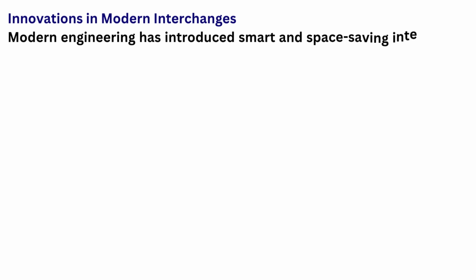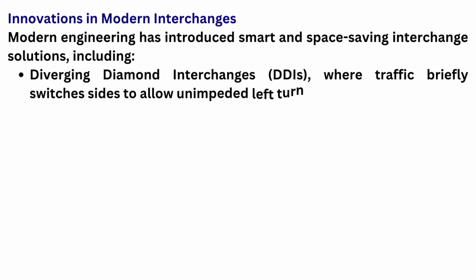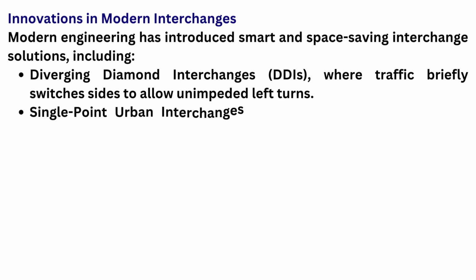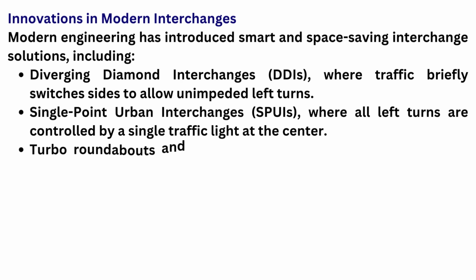Innovations in modern interchanges. Modern engineering has introduced smart and space-saving interchange solutions, including diverging diamond interchanges, DDIs, where traffic briefly switches sides to allow unimpeded left turns. Single-point urban interchanges, SPUIs, where all left turns are controlled by a single traffic light at the center.